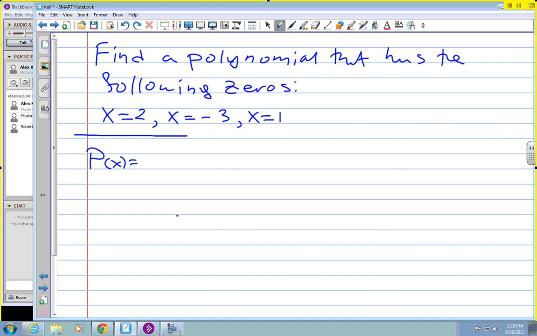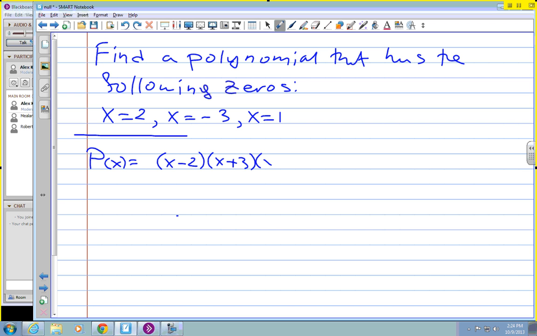So what do we know? If 2 is a 0, then what is a factor? x minus 2. And if negative 3 is a 0, then what is a factor? x plus 3.